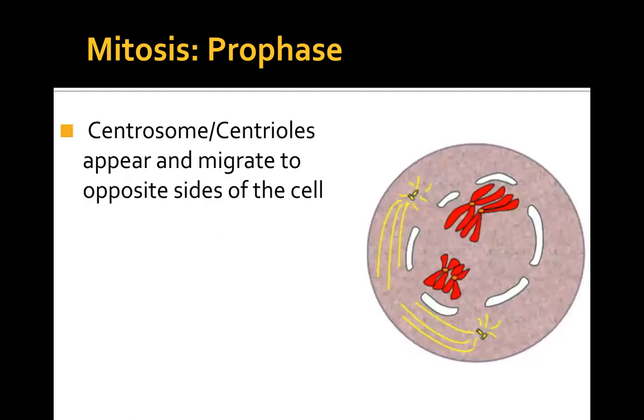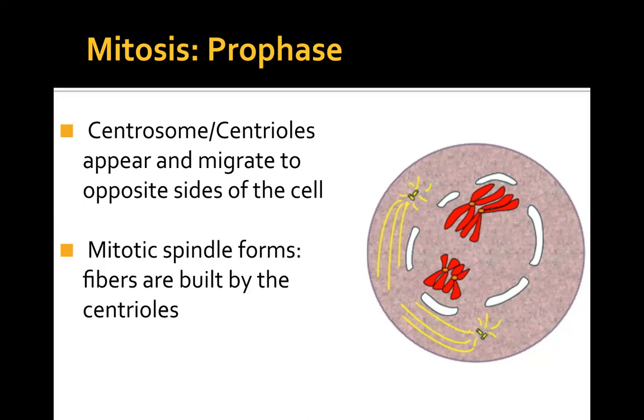And we will also get the organelle that is actually going to do the separation of the DNA, called centrosomes or centrioles. So that's this organelle in yellow here. Those organelles are going to migrate to the 2 opposite sides of the cell. And that organelle, the centriole, is going to build these little yellow strings called spindle fibers, my bad.